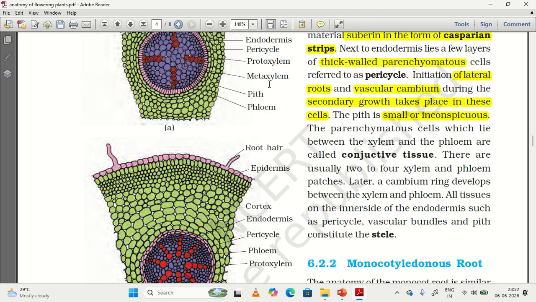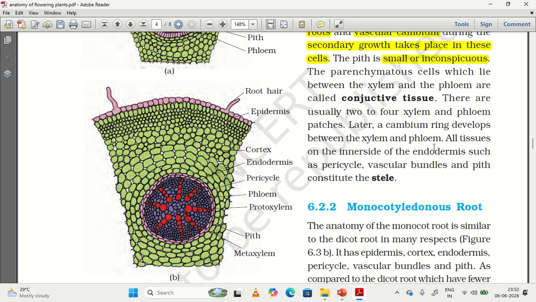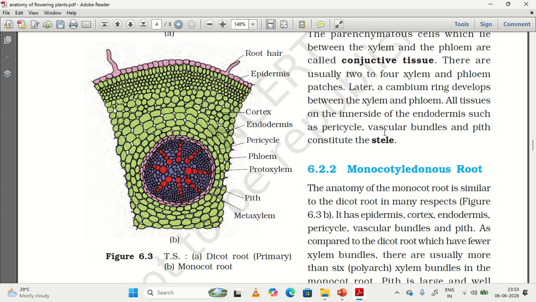Cambium will develop in between these vascular tissues during the secondary growth. All tissues on the inner side of the endodermis, such as pericycle, vascular bundle and pith, constitute the stele. Okay.